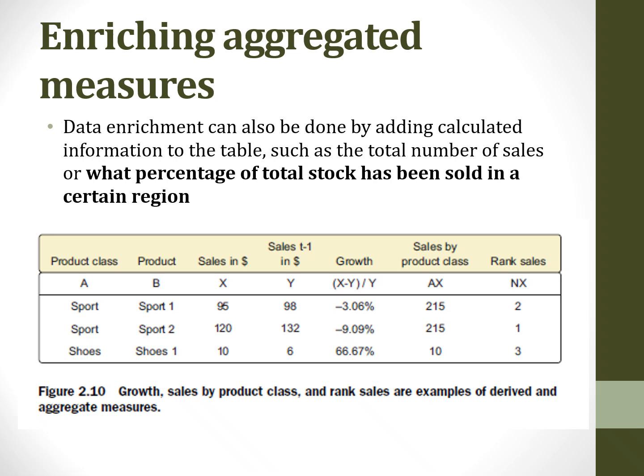Enriching aggregated measures. Data enrichment can be done by adding calculated information to the table. Suppose we have only the marks in a particular table, for example, marks of a student in 5 different subjects.